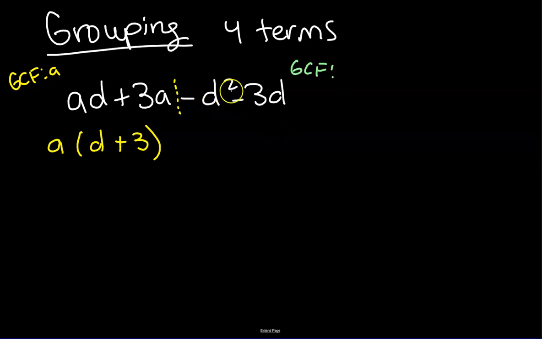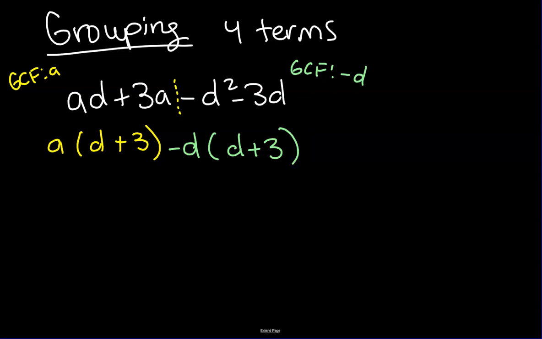Okay, and that's the whole point. I see negative D squared minus 3D. They both share D. I can also take out that negative. So I'm going to factor out negative D from both pieces. Negative divided by negative leaves me with a positive. D squared divided by D gives me a positive D. Negative 3 divided by negative 1 will be a positive 3. And then D divided by D means it's moved out to the front.